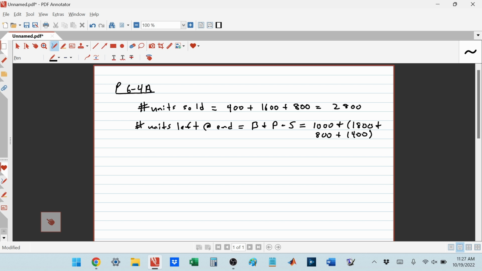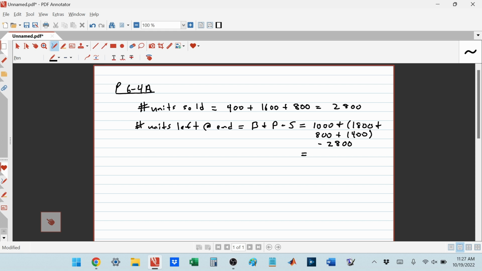So beginning plus purchases, this is collectively known as available for sale units. This is the max number of units we could have sold this period. And then of that, we sold the 2,800. So we should have left at the end of the period this calculation.